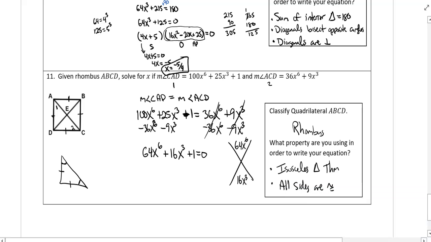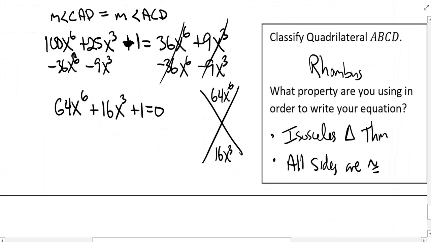Well, we know 8 times 8 is 64, and 8 plus 8 is 16. So 8x to the third times 8x to the third will make this work out, because when I add them I get 16x to the third, and when I multiply them I get 64x to the 6. Remember, when you add terms, the powers stay the same. When you multiply them, you add your exponents.